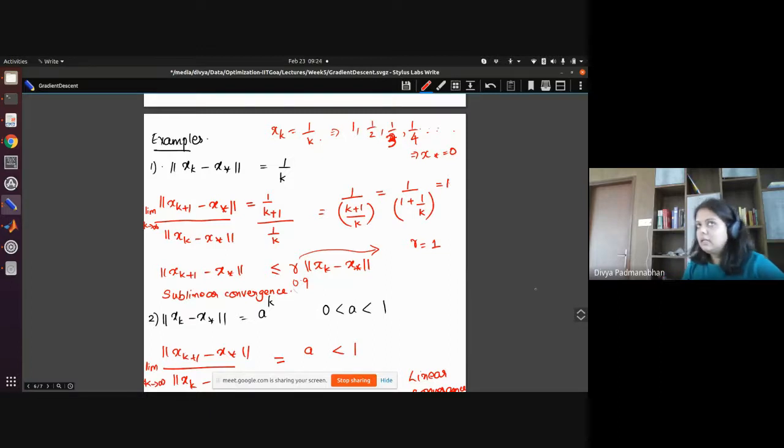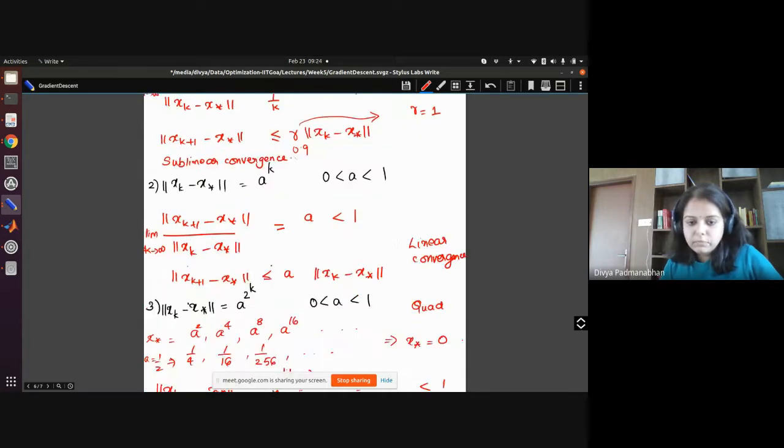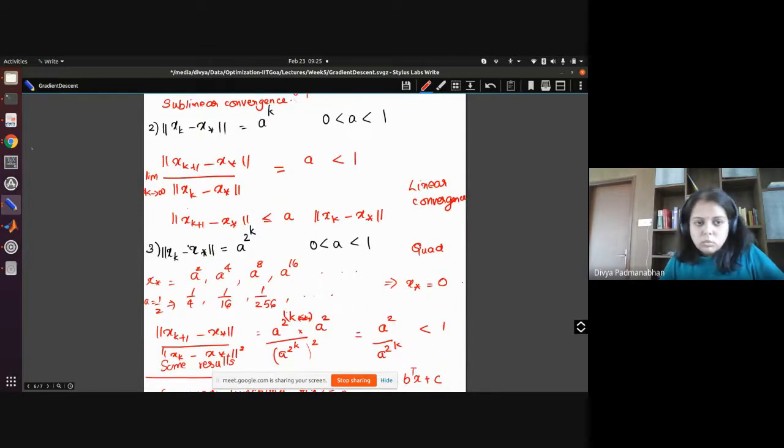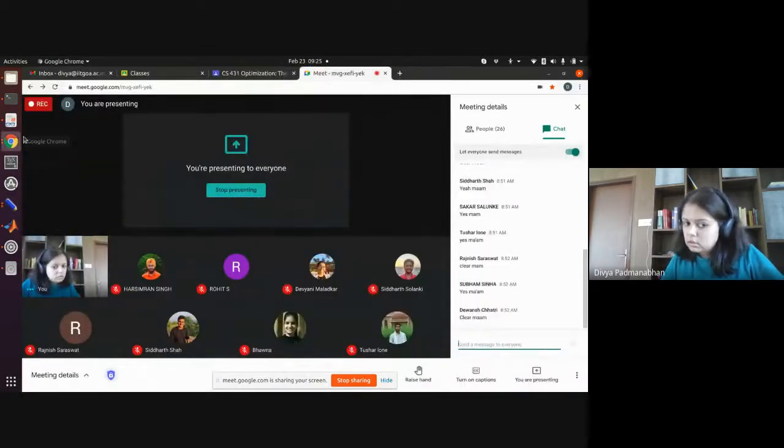So usually what you have to do is keep trying. If it holds for some power P, you try even larger values of P and see if it holds. At some point it's going to break, and that's what you declare as the rate of convergence or the order of convergence. So was that clear?